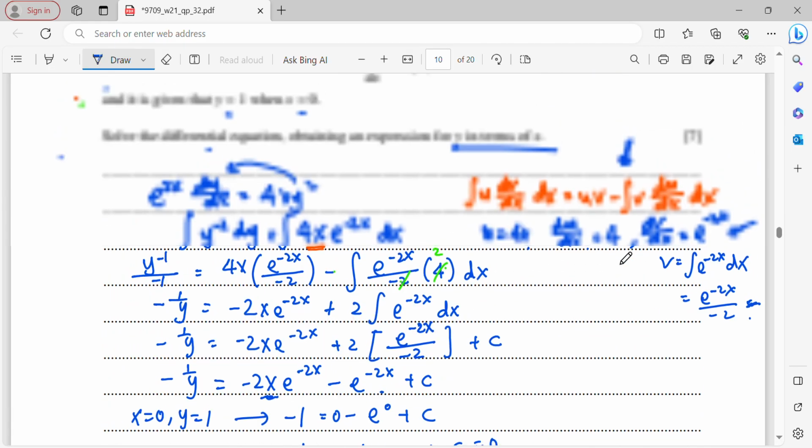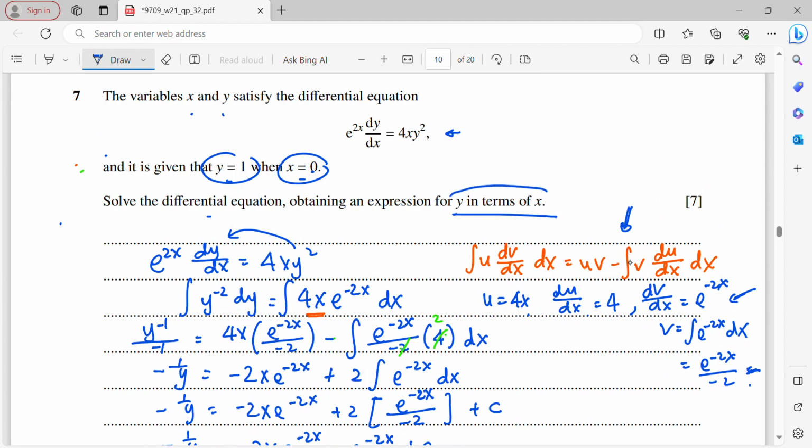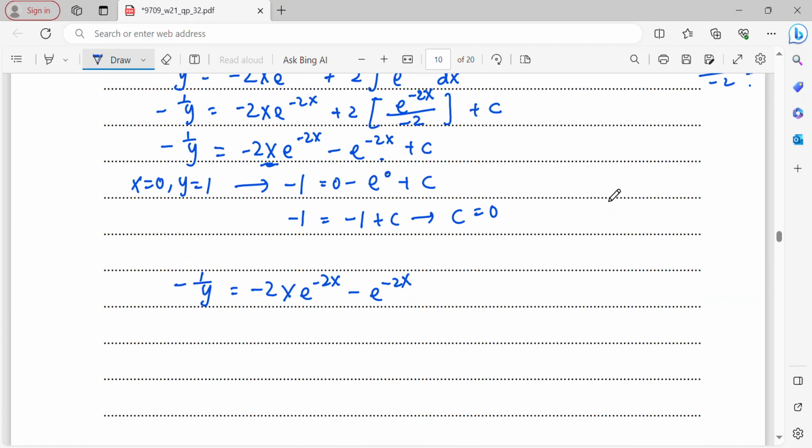Okay, now when you look at the question here, you are requested to get y as a subject, because y is in terms of x. So to get y as a subject, firstly I multiply the whole equation by negative 1. Then I will make it positive for all the terms. Okay, and then I notice that the exponential is in common.